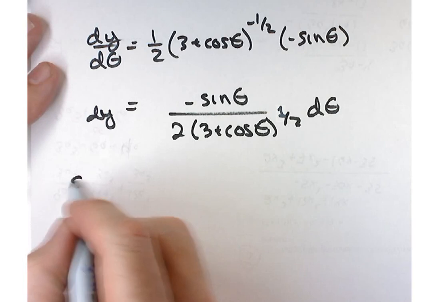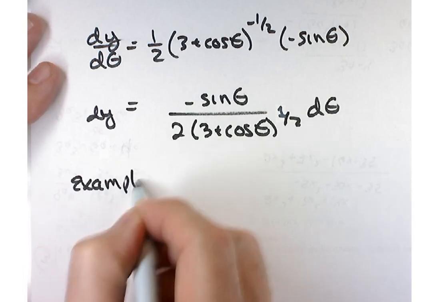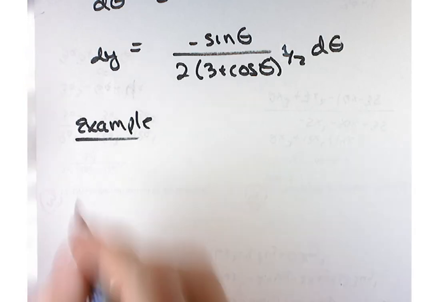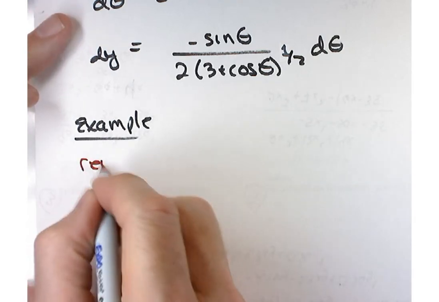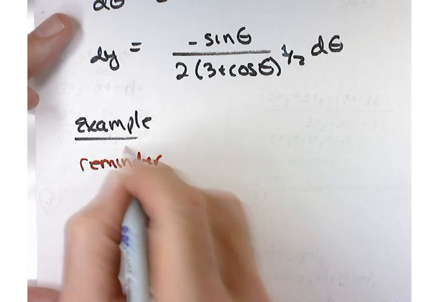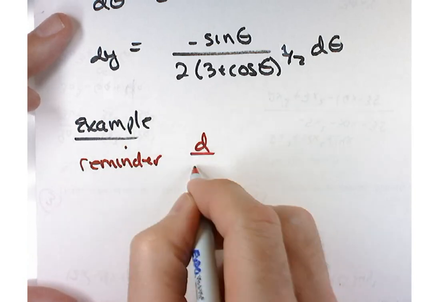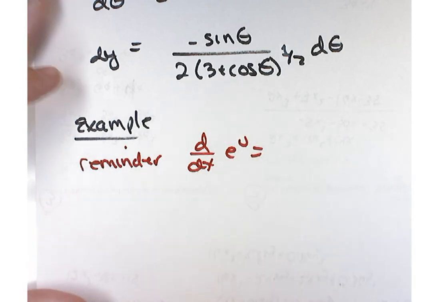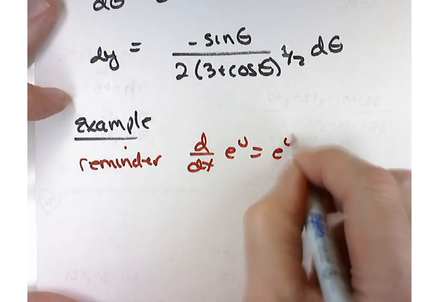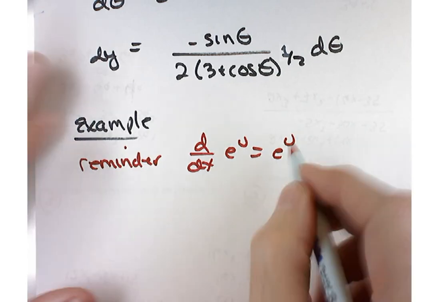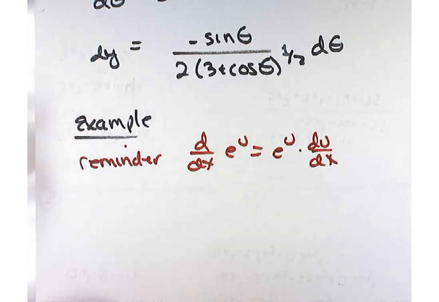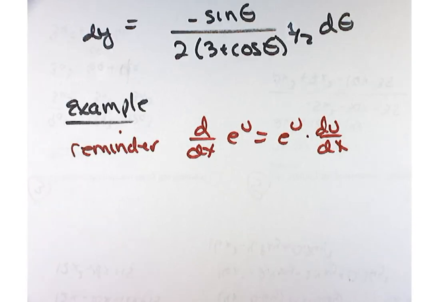Example C. Let's finally go a little bit farther than what we've been doing. Let me remind you, when you differentiate e to some power, it's e to that power again times the derivative of the exponent. So that's the one we need here.